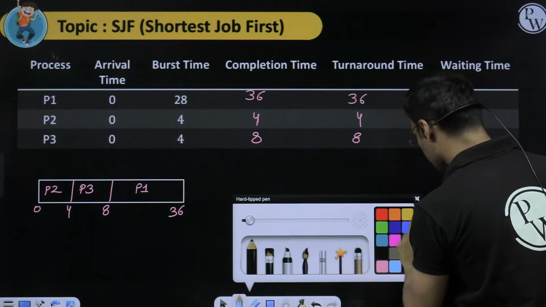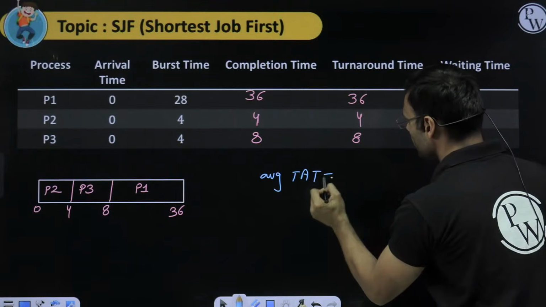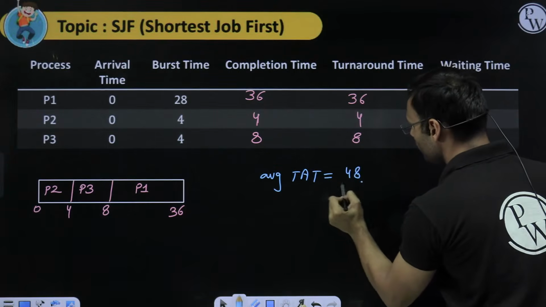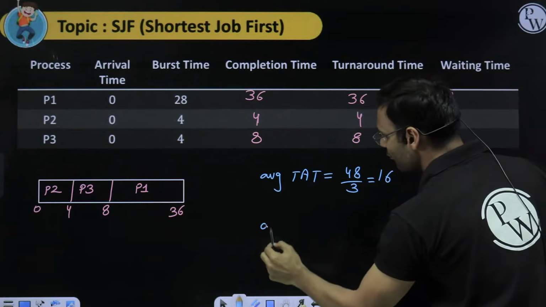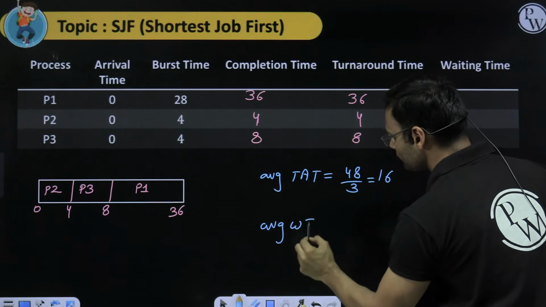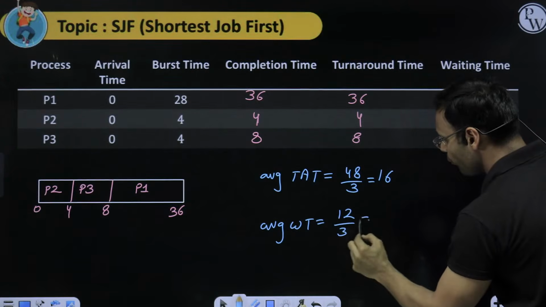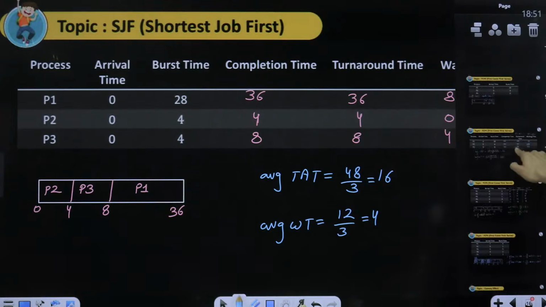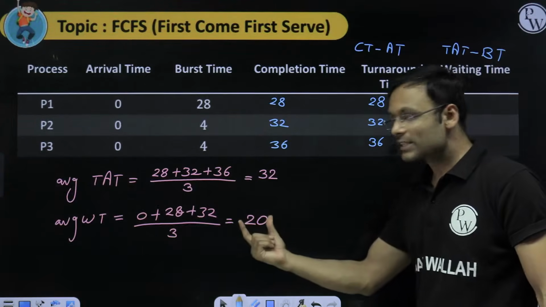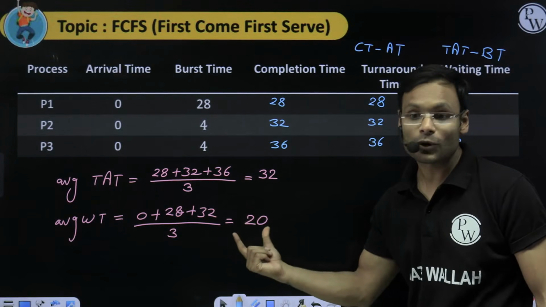Look at this. Average turnaround time is what? 48 divided by 3, 16. And average waiting time is what? 12 divided by 3 is 4. Oh my god. Same question when we solved, processes had on an average 20 unit waiting time per process.